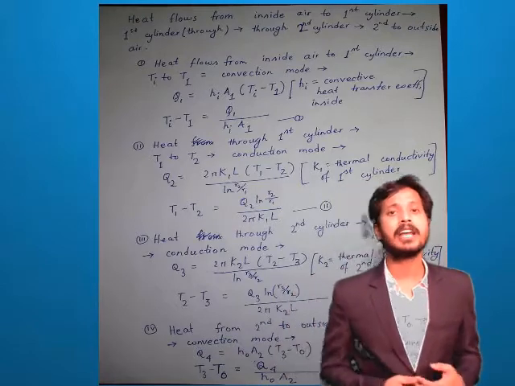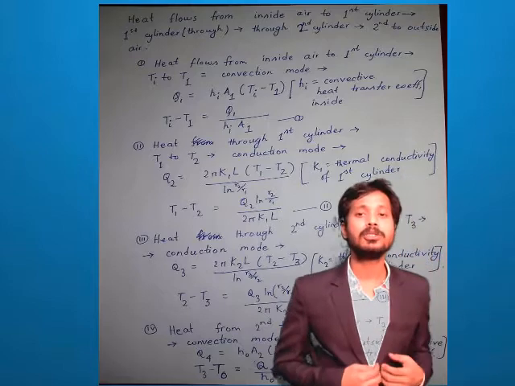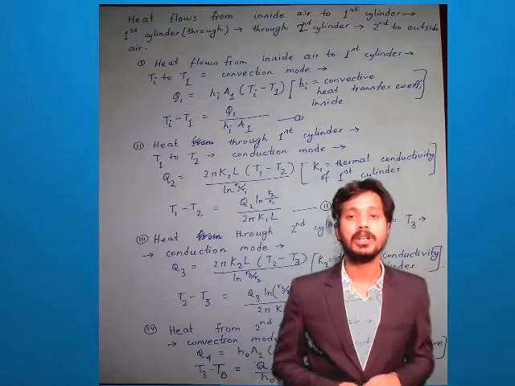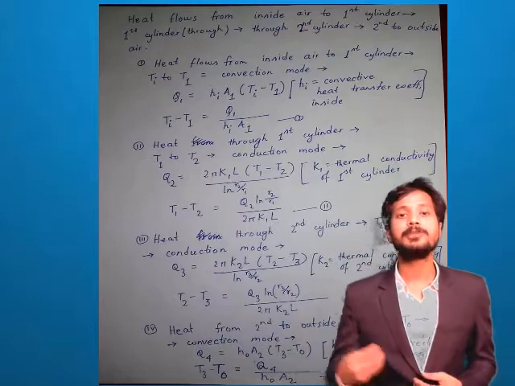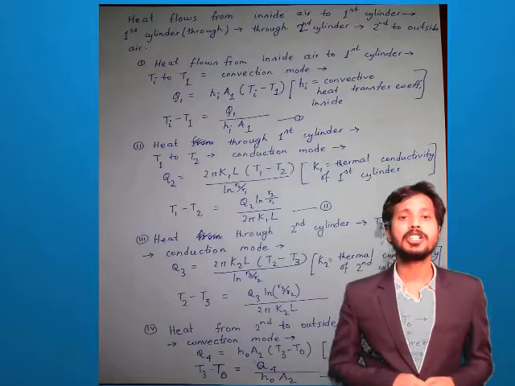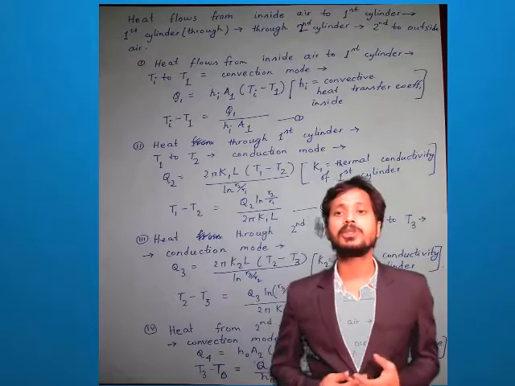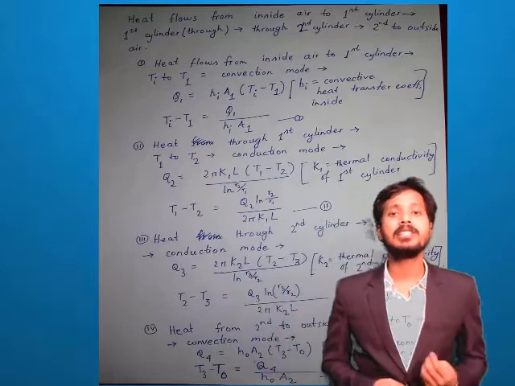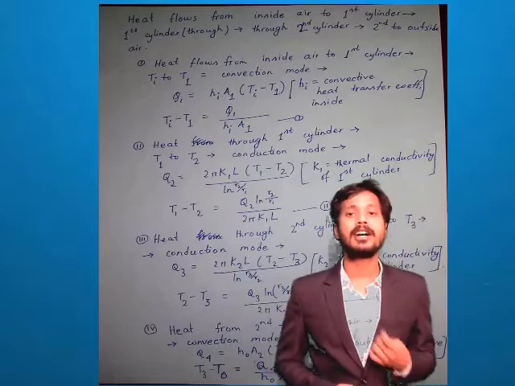In the next step, heat flows through the first cylinder, so through the first cylinder means T1 to T2. Now this one is a solid body, and solid means conduction mode. Now you tell me, in conduction mode, what is the formula for the amount of heat transferred through a cylinder? Yes, 2 pi K L (T1 minus T2) by ln of R2 by R1.